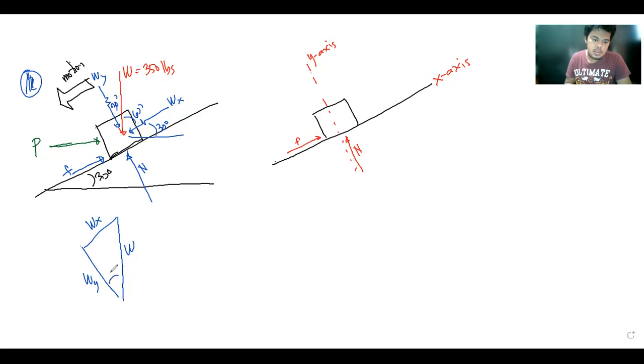So we then say that WX is equal to W sine of 30. WY, on the other hand, is W cosine of 30.